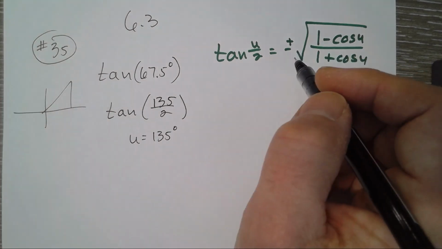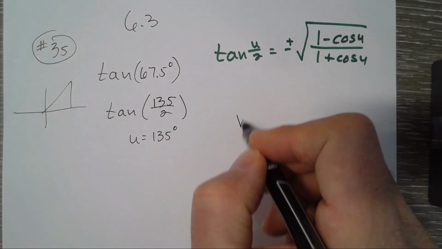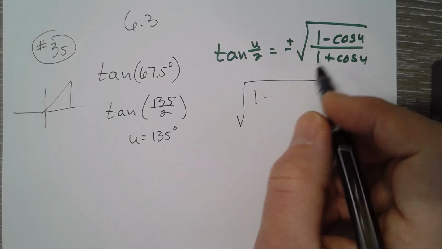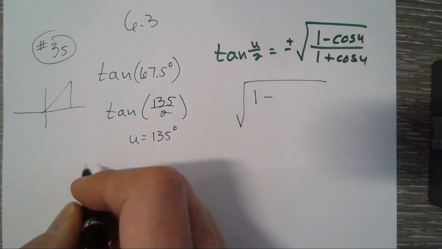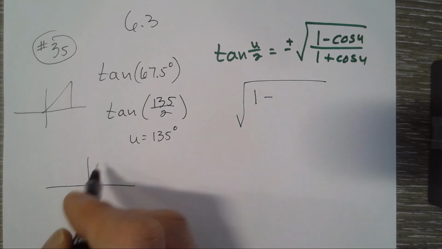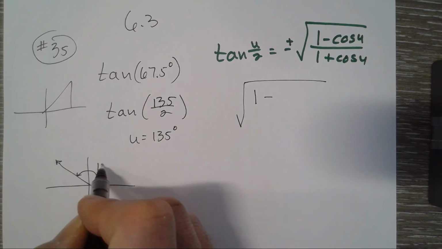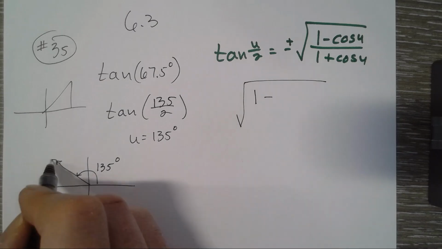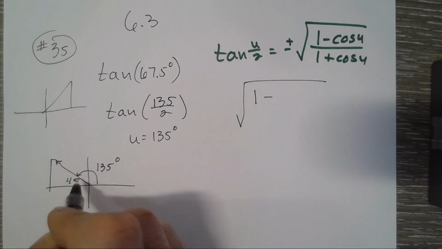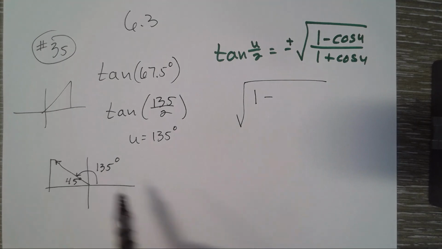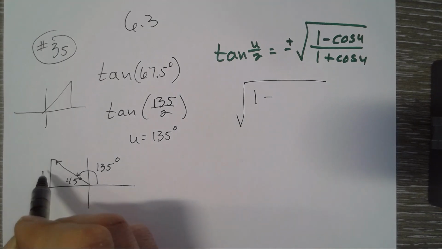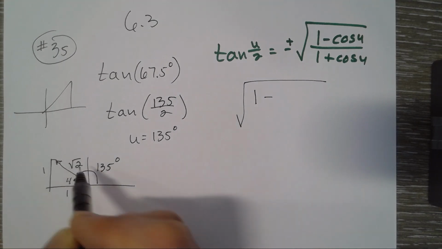So it'll be the square root of 1 minus the cosine of u. So we have to figure out the cosine of 135 degrees. So 135 degrees is that angle, and that produces a reference angle of 45 degrees. So 45 is 1 over square root of 2, and that's negative.